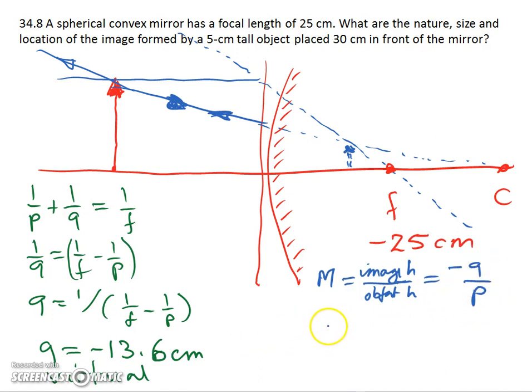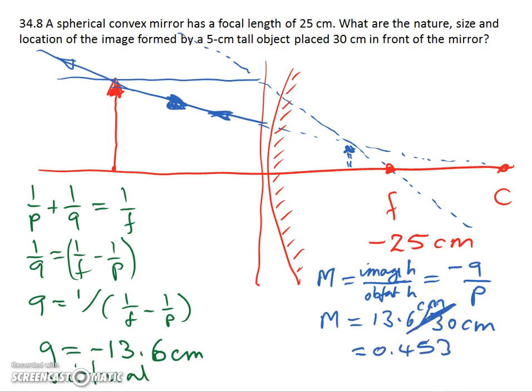So the magnification is equal to minus q, which is 13.6, divided by p, which is 30 centimeters. Sorry, 13.6 centimeters divided by 30 centimeters, which is equal to 0.453.